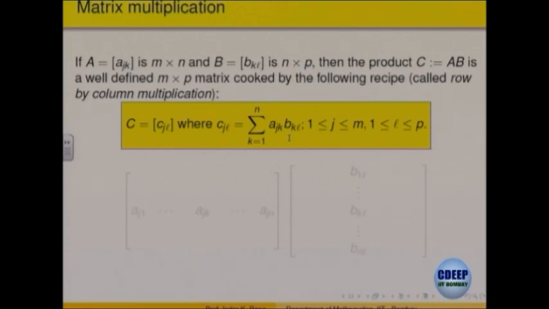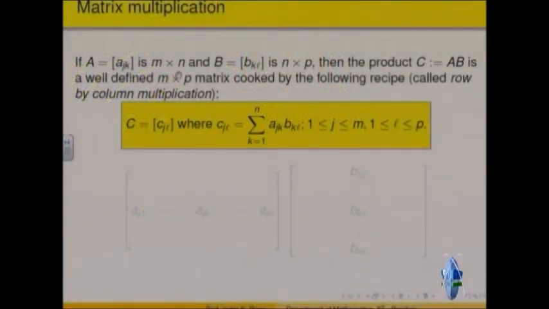So, multiply the two, add up, you get C_jl. So, the row of the first one, column of the second, the corresponding entries you multiply and add. That naturally puts the condition that the number of columns here should be the same as the number of rows in the other. That is why you have m cross n and n cross p.